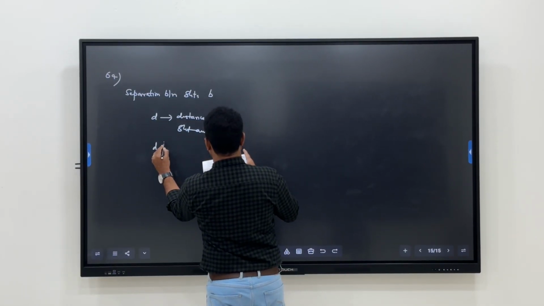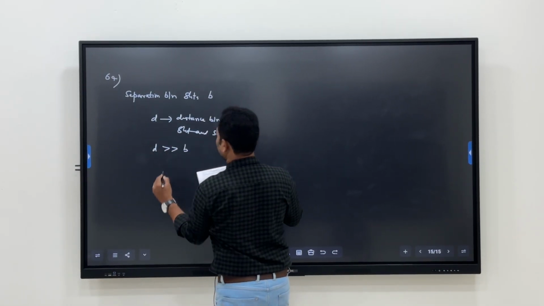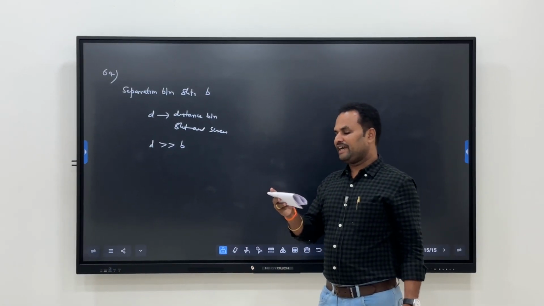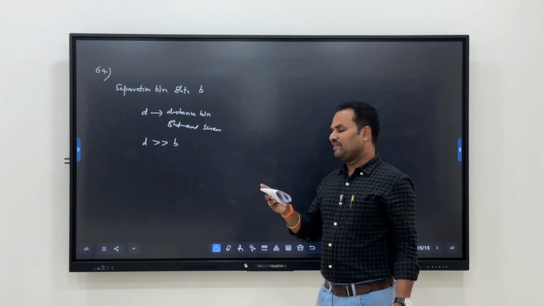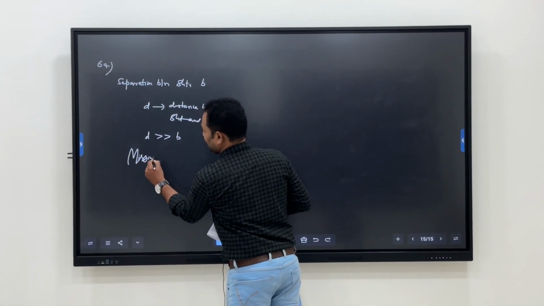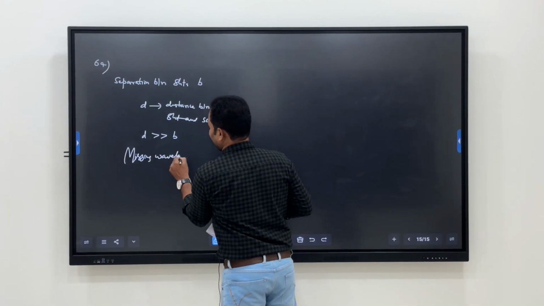Here d is less than b. At a point on the screen directly in front of the slits, certain wavelengths are missing. This is the concept of missing wavelength, a very important concept.